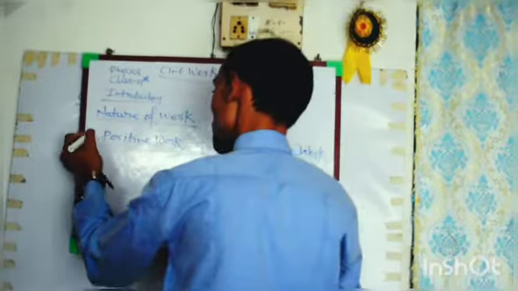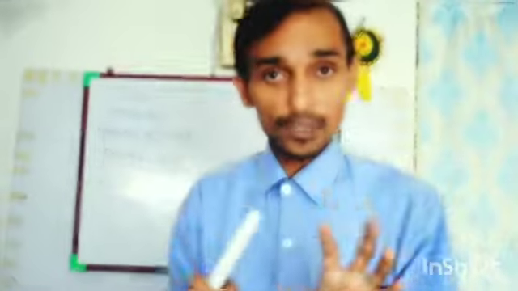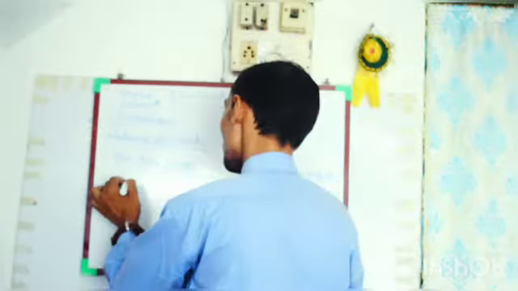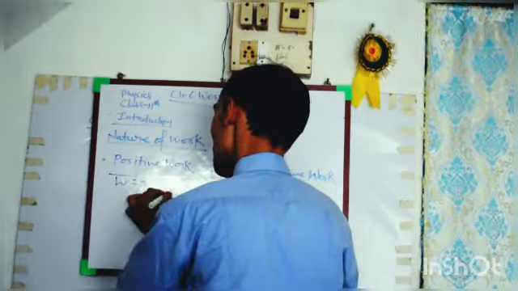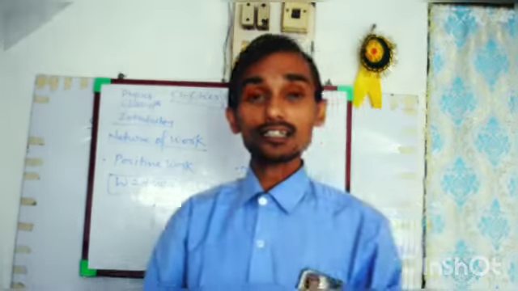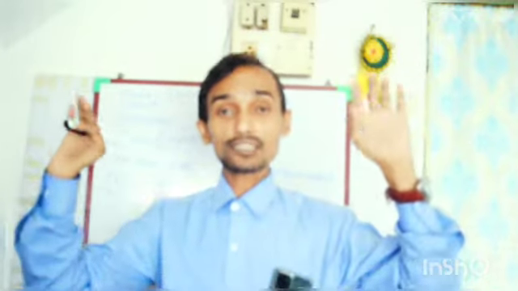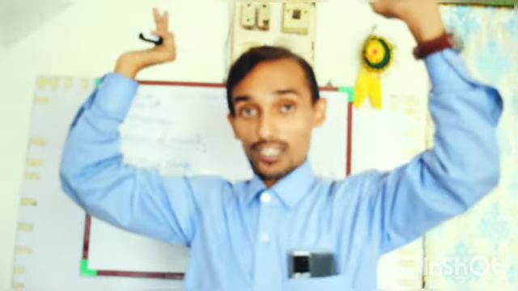Positive work means that when we apply a force on the body and the body moves in the direction of the force, positive work is obtained. Examples: in the Olympic games, athletes take the dumbbells and lift them upwards. The force acts on the body in the upward direction, and that is positive work.